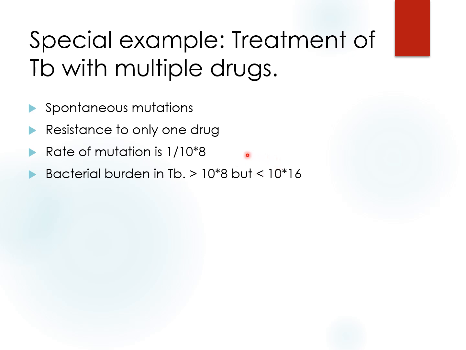And let's say that the rate of mutation is 1 in every 10 to the power 8 bacteria. When we have a bacterial infection with tuberculosis, the burden is more than 10 to the power 8, but less than 10 to the power 16. And if the rate of mutation is 1 in 10 to the power 8, if you give 2 drugs, then the risk is going to be 10 to the power 16, right?